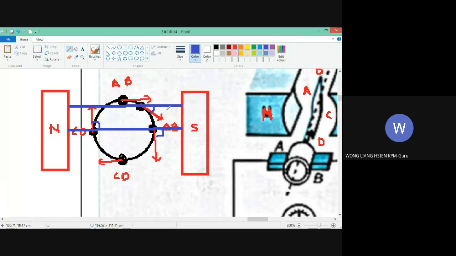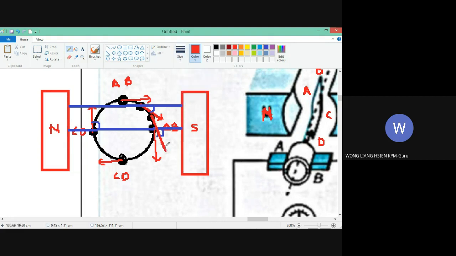That means, for example, you see this angle is very small, near to zero right now. And then if the coil moves until here already, then the direction of cutting is this direction.